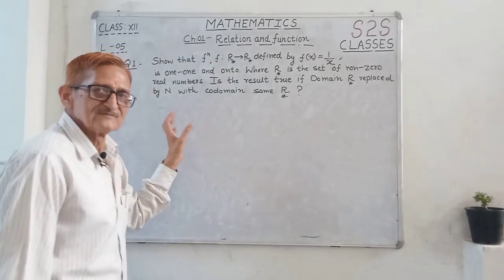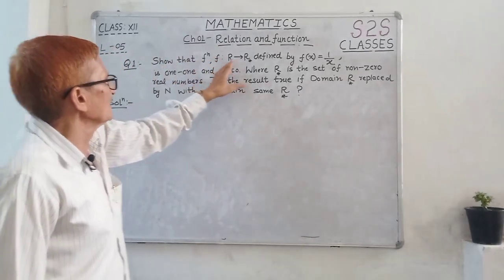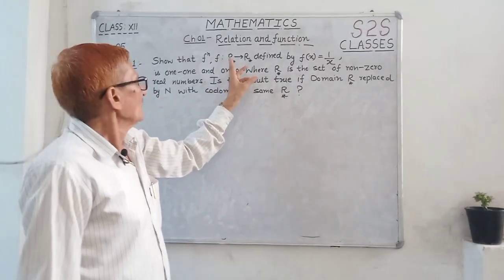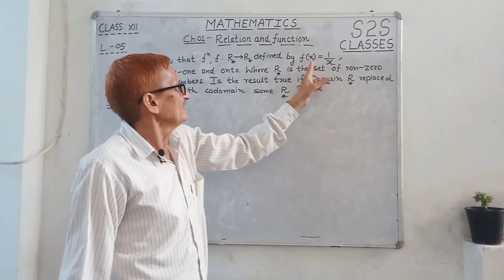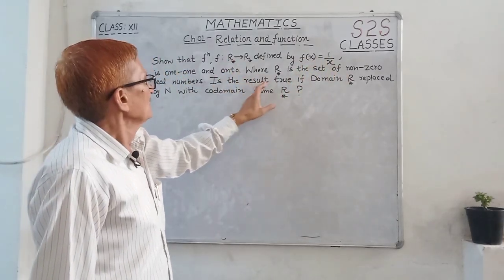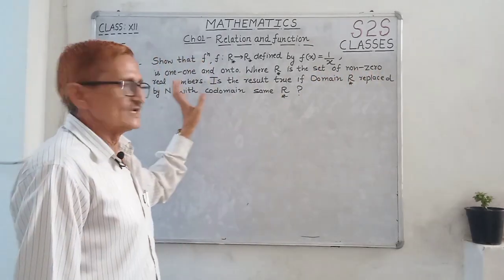Now question 1 related to types of functions. Show that function f: R* to R* defined by f(x) = 1 upon x. R star means it is the set of non-zero real numbers.